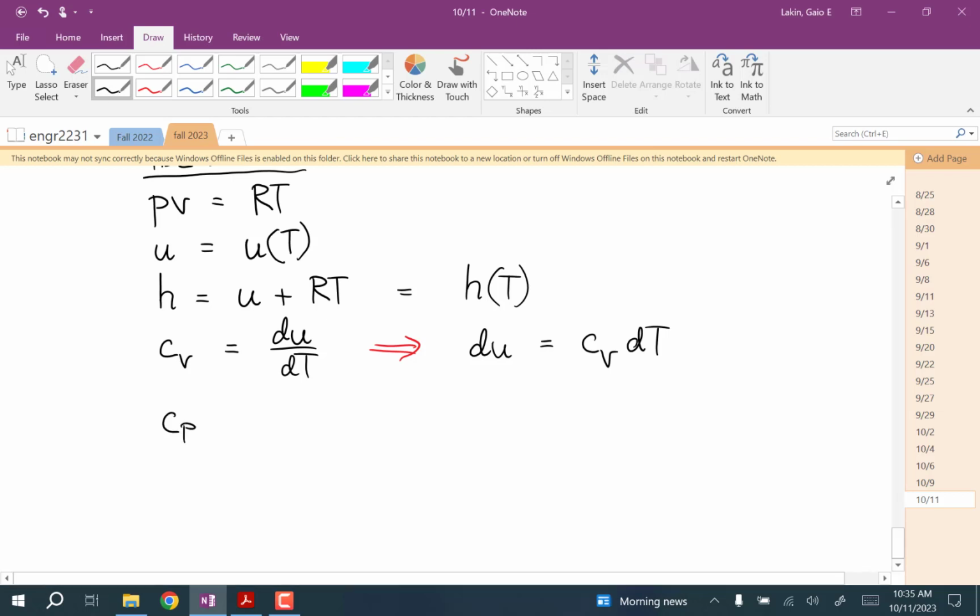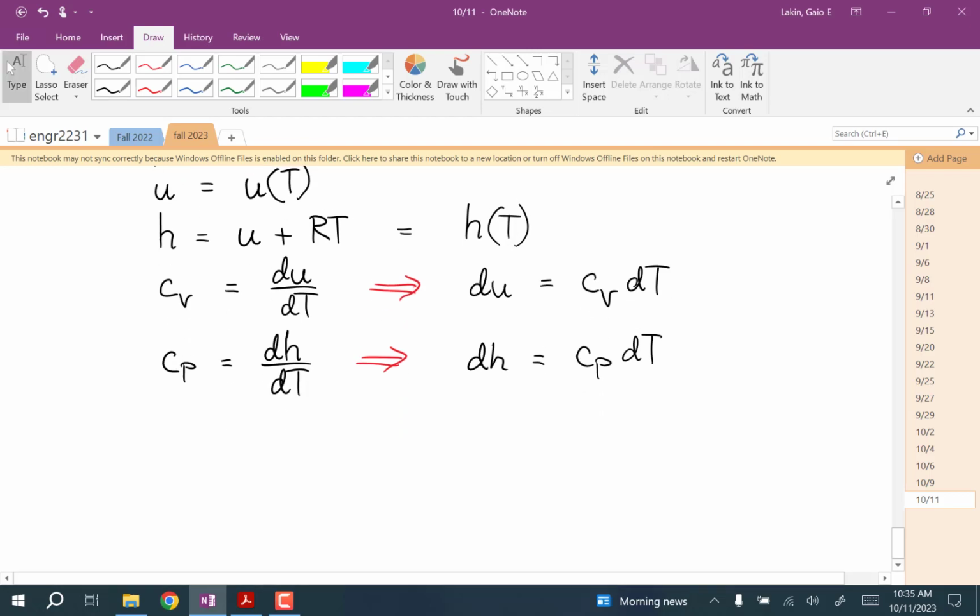And Cp is the total derivative of specific enthalpy with respect to temperature. And so we can also write dh as Cp d temperature. For ideal gases, both TdS equations give us something useful.